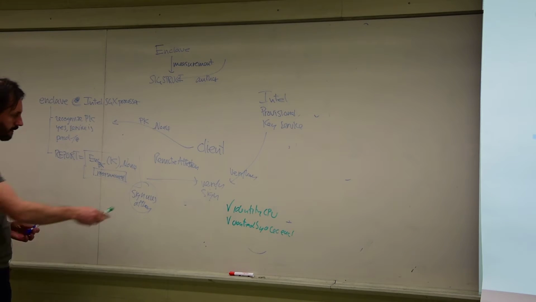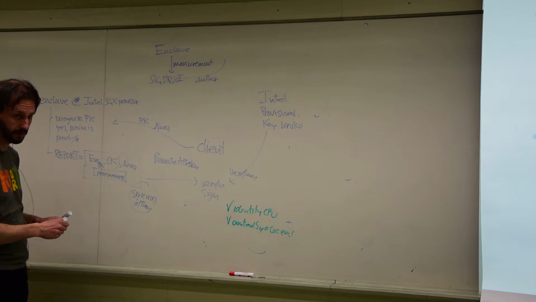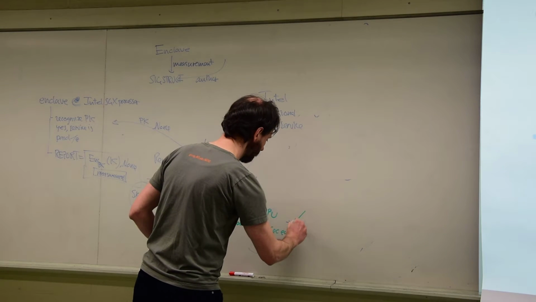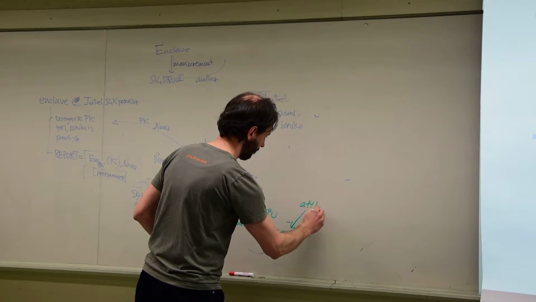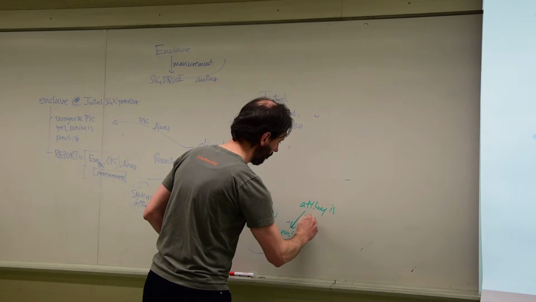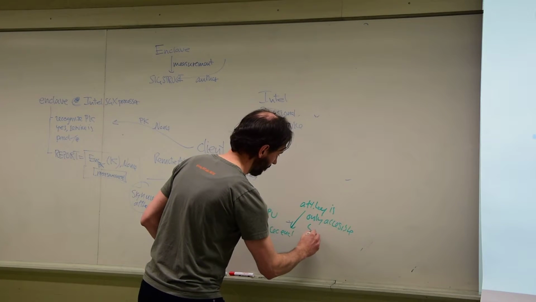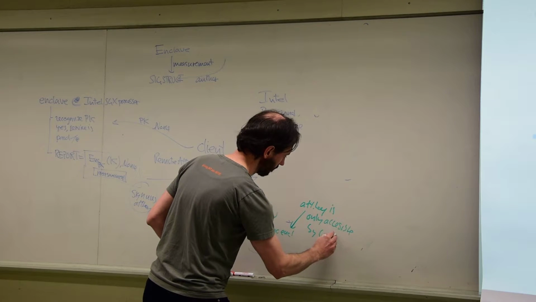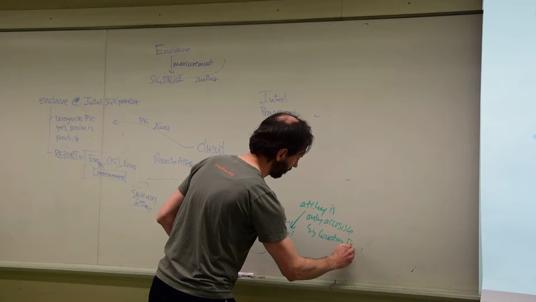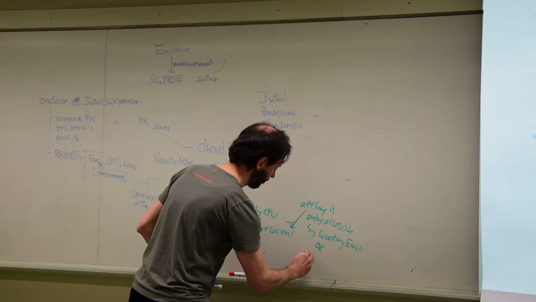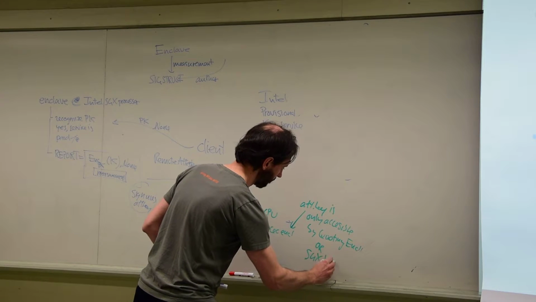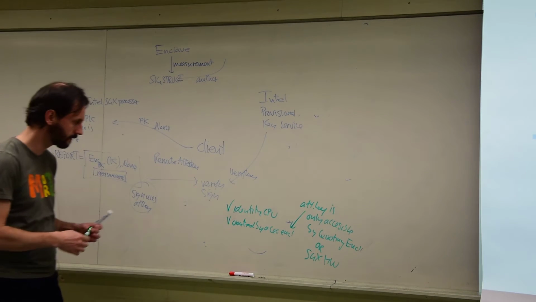because the attestation key, why is that? Because the attestation key is only accessible by the quoting enclave or the SGX hardware. So we'll come to that in a moment.